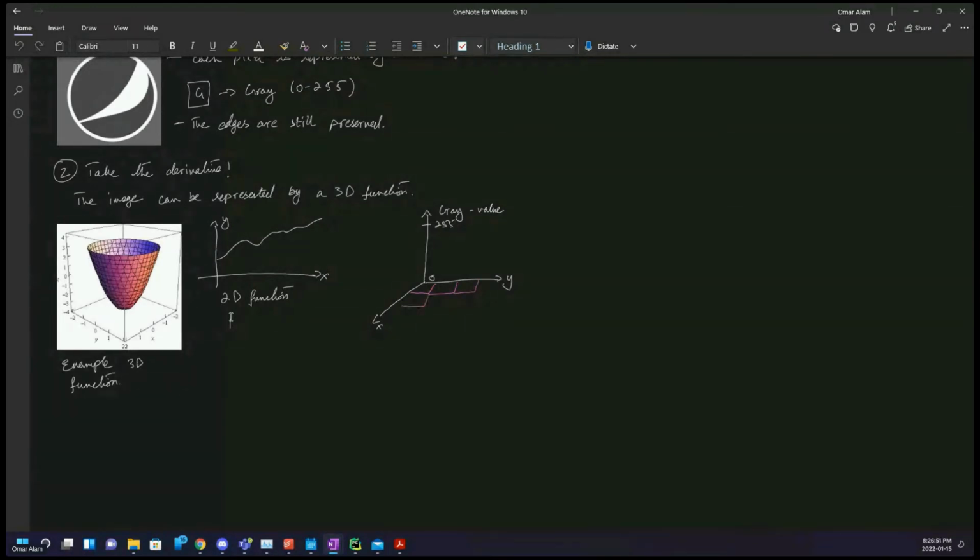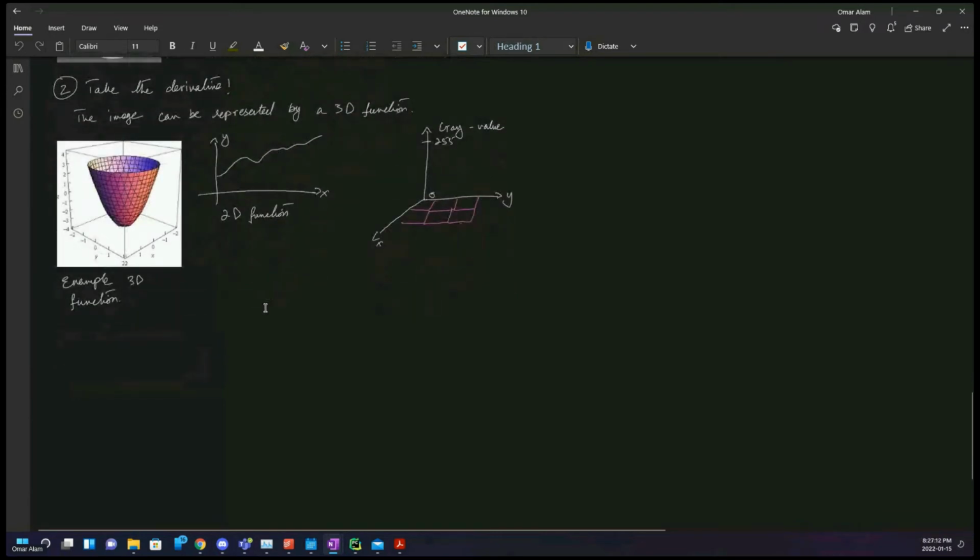You could map out the entire 2D plane with pixels. And what you would get is if you look at it from top down, each pixel will have a number from 0 to 255, right? So that's how it would look like. And unfortunately, it's not very easy to draw it out. So hopefully you can imagine that.